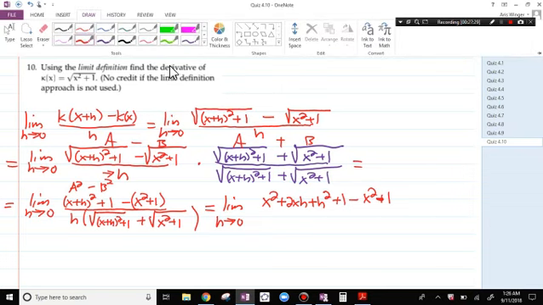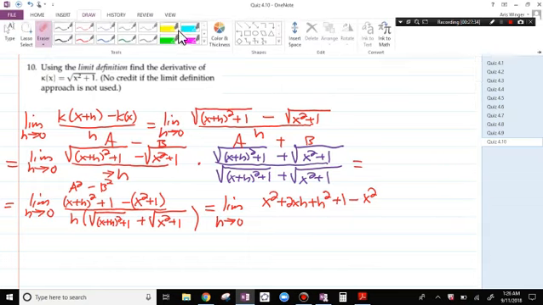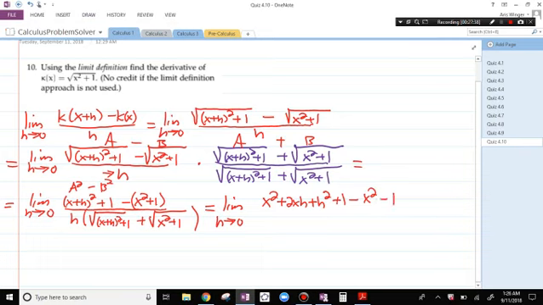You distribute the negative sign. That's important. Minus 1 all over h times the square root of x plus h squared plus 1 plus the square root of x squared plus 1.